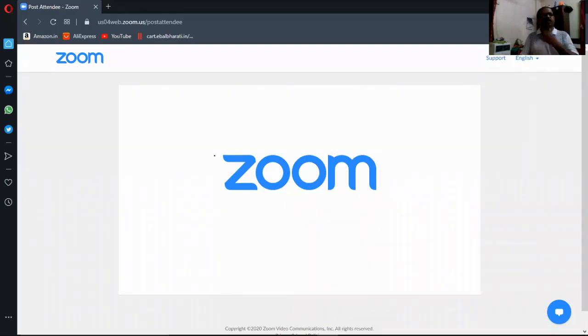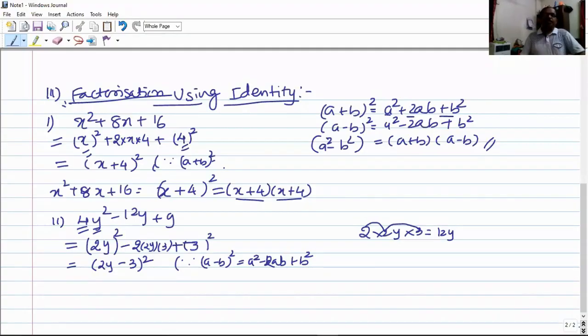So it depends purely on the middle term. If the middle term is positive, it can be put in the first identity, that is (a plus b) the whole square. And if the middle term is negative, we can try the second identity, which is (a minus b) the whole square, with the middle term as negative.